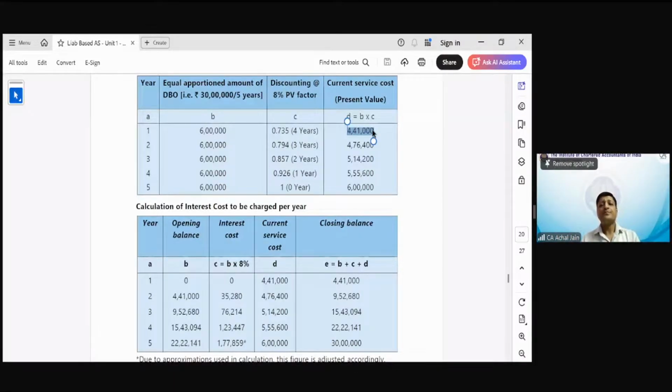Great. Rohan has shared the calculation, which is good. I am asking about the accounting entry. At the end of first year, what is the accounting entry you will pass? Over to you quickly. P&L to service cost. What is this accounting entry? I'm not clear.